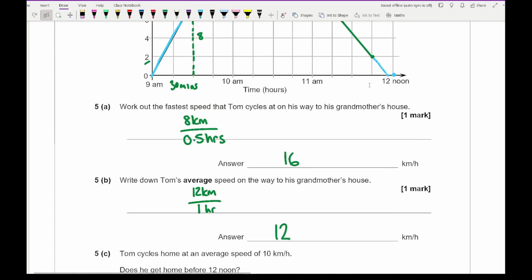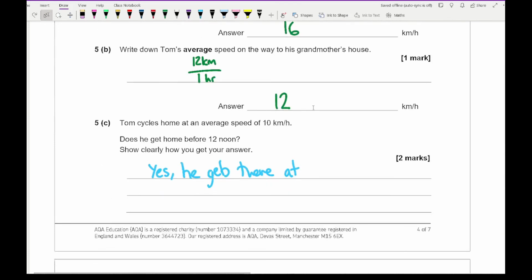So 11:45 is going to be here, and so I would probably say it's around about 11:55, or in other words, after 11:45 but before 12.